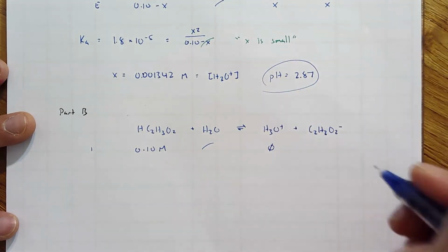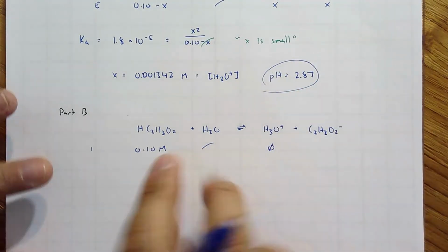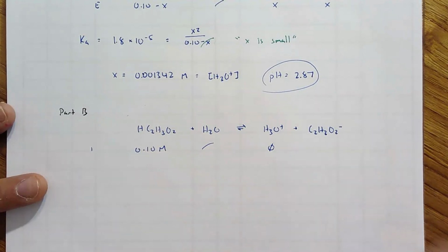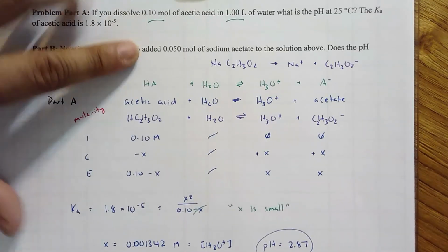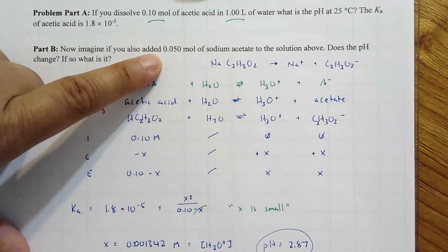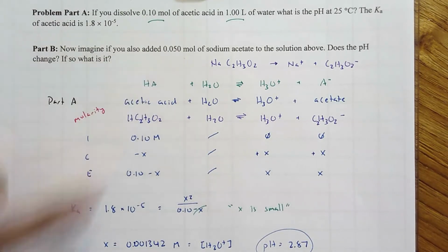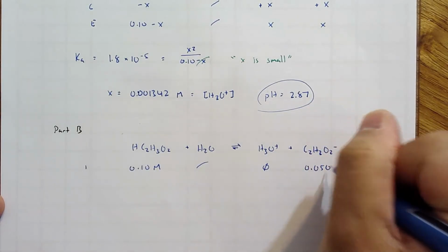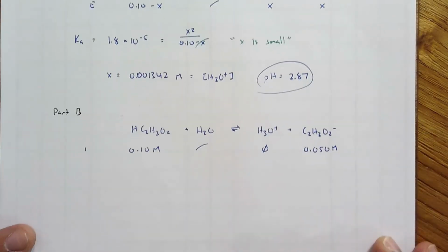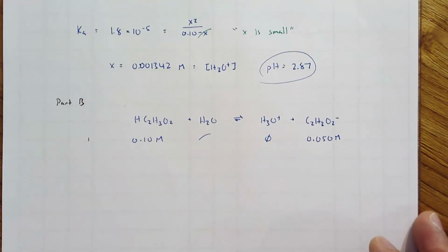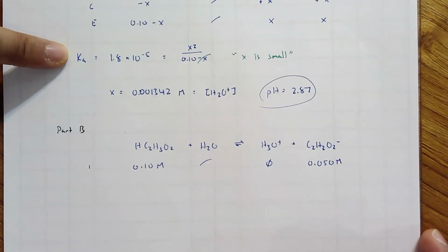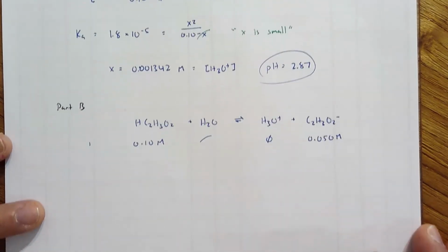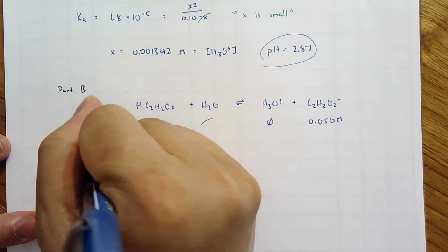So here's the twist. We don't have H3O plus initially, before this dissociates, but now we have that added common ion, which is sodium acetate. We have 0.050 moles, but we're still in 1 liter. So this is 0.050 molar. Now, is that going to mess us up when we're trying to solve for x? I don't know. We have to go ahead and work out the problem.